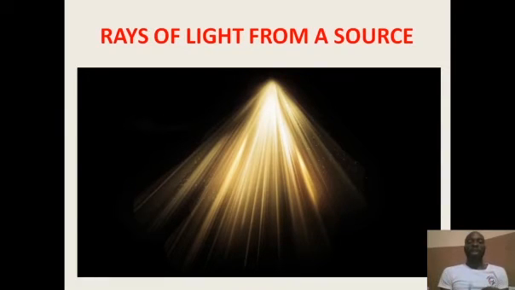A ray of light. So if your teacher asks you in the exam, what is a ray of light, or even in the assignment, please define a ray of light, you should be able to tell me that a ray of light is a tiny line of light which travels in a straight line. I hope that is understood.